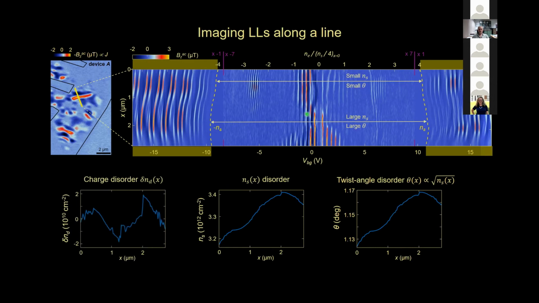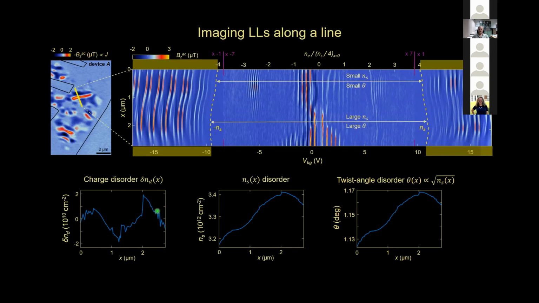So we can also extract from this the charge disorder along this line as a function of position. And we see that it's on the order of a few times 10 to the 10 compared to ns, which is a few times 10 to the 11, close to 10 to the 12.